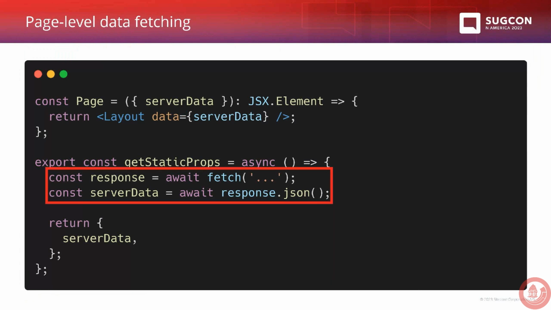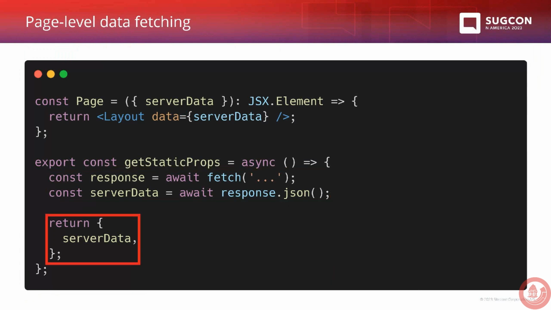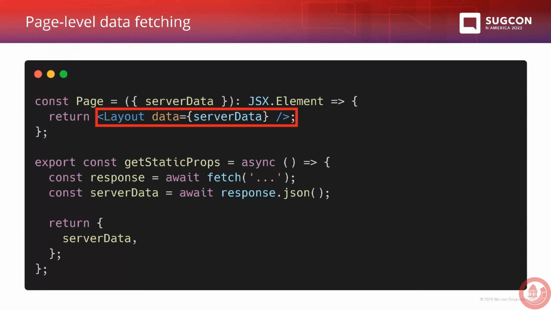Then when your API call gets its data back, you just return that data from your getStaticProps or getServerSideProps method. And during server-side rendering, Next.js will magically pass this as a prop to your page. And then from your page, you can start passing that data down to the components that the page is going to render. So this is a really nice feature, gives us a way that we can avoid the content flash, improve SEO, and make API calls without useEffect.